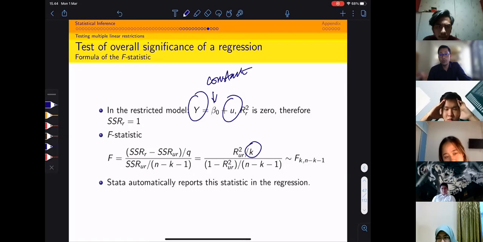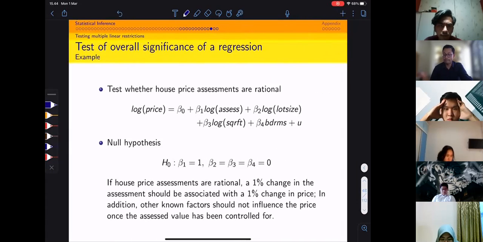So when you do your exercise using Stata, it's going to be reported directly in the regression output. So it's going to be quite straightforward. Okay, any questions? I'll take one before I go and discuss another interesting example.